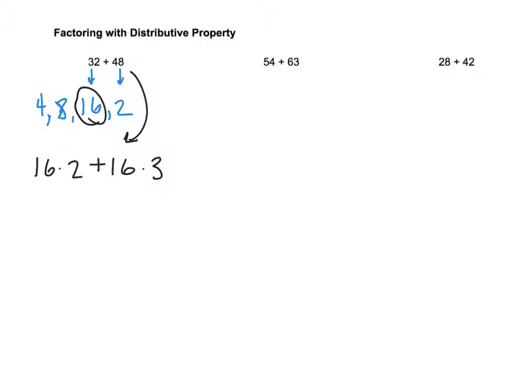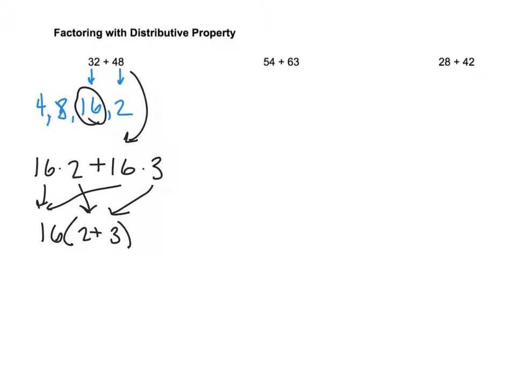So now what I can do is pull the 16 out front, and then we're going to leave the 2 and the 3 together in the middle here. So 16 being our greatest common factor comes on the outside, and then we've got 2 plus 3 on the inside. All right, let's try another example.